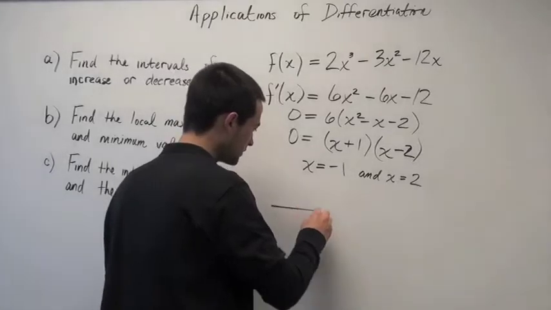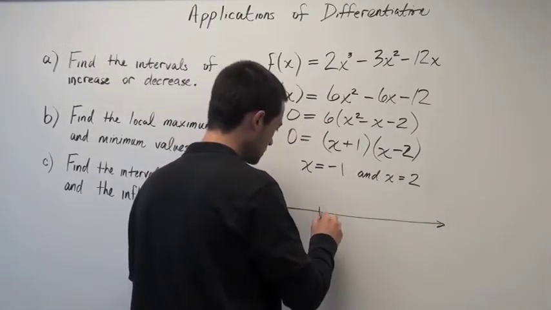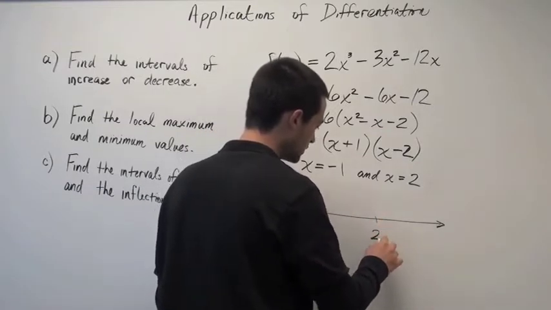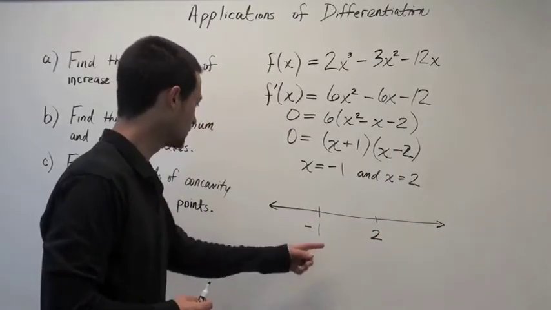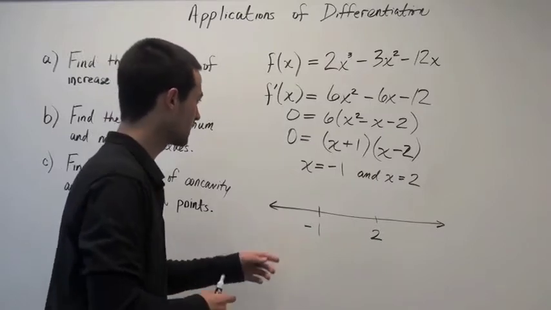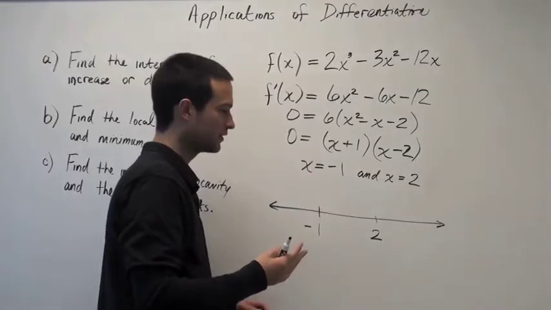So we want to do a number line. We want to graph -1, our critical value, and our other critical value 2. And we want to look at numbers in between those. So we want to look at a number to the left of -1, so we can choose -2. And then we want to plug that into our first derivative and see whether or not it's positive or negative.